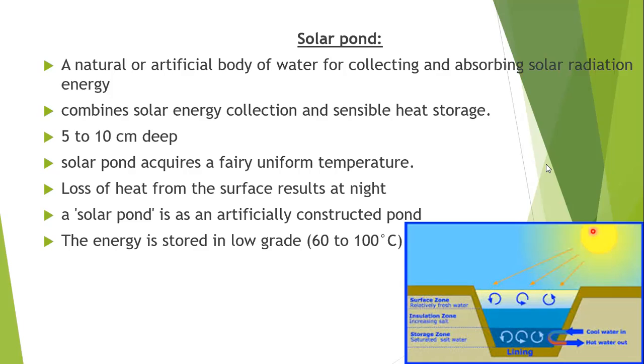In shallow solar ponds, as described above, water soon acquires a very uniform temperature, so the time required to attain a uniform temperature is less.